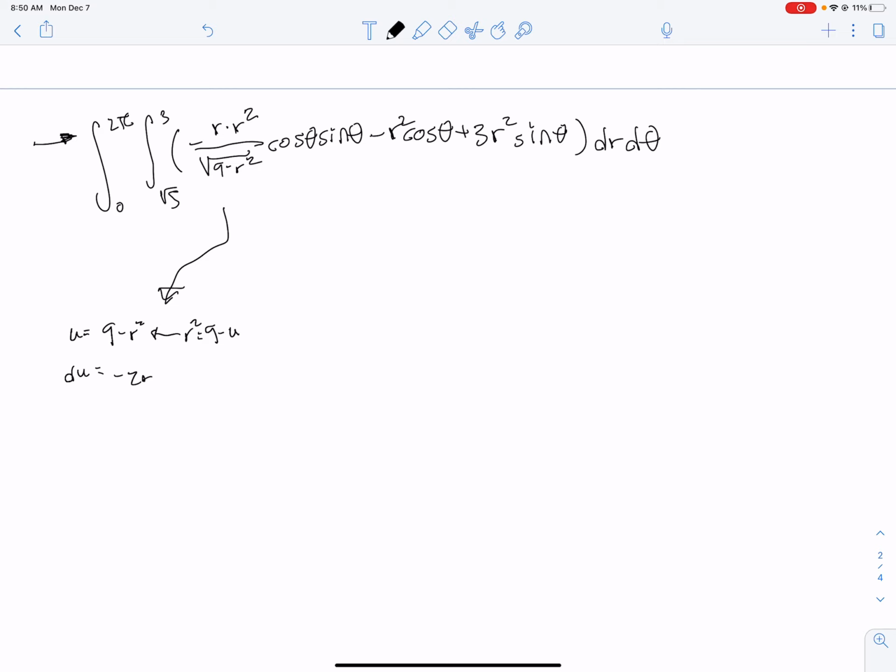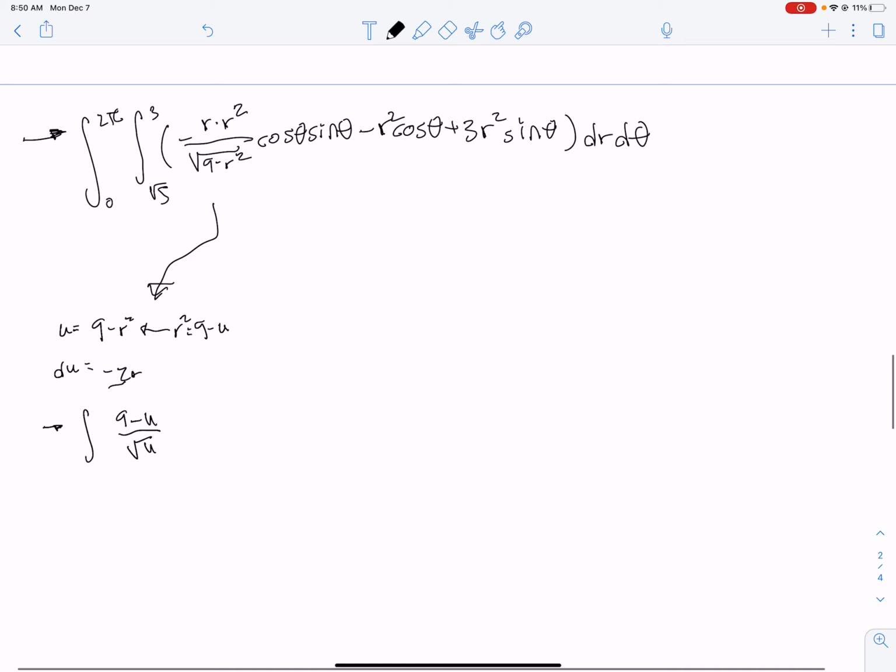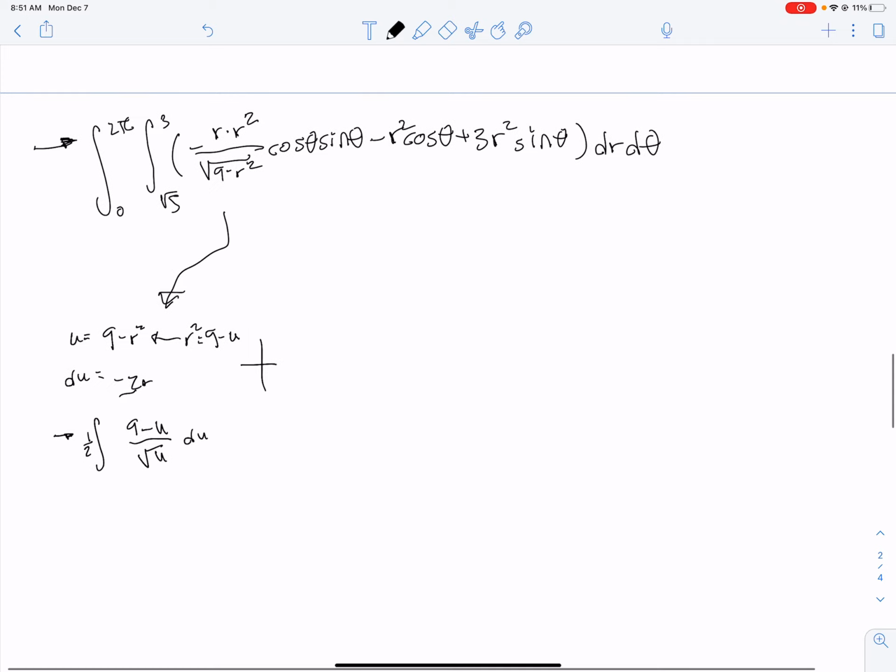So then we would get the following from, it would be our 9 minus u over root u, and we can't forget our 2, so we'd have to put half on the outside, du. And we can also change our limits of integration, r and u. So r, instead of going from root 5 to 3, it now goes from 4 to 0.